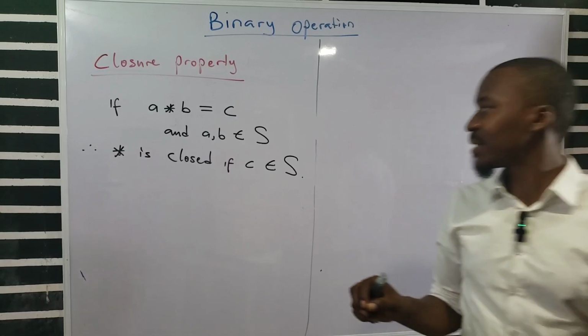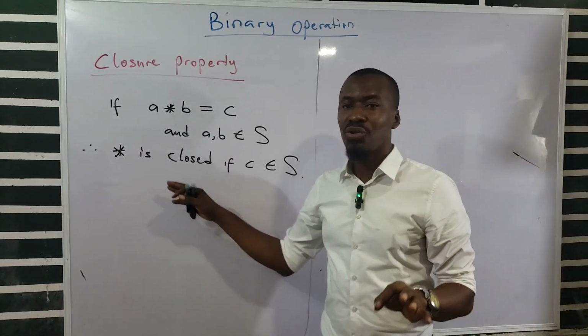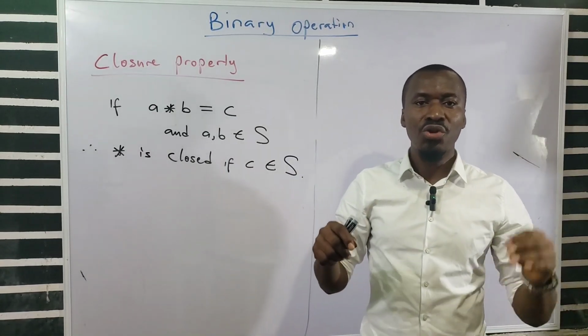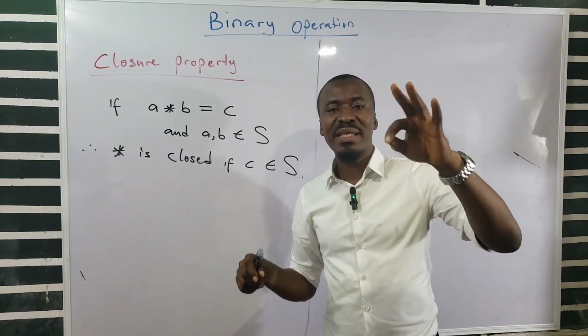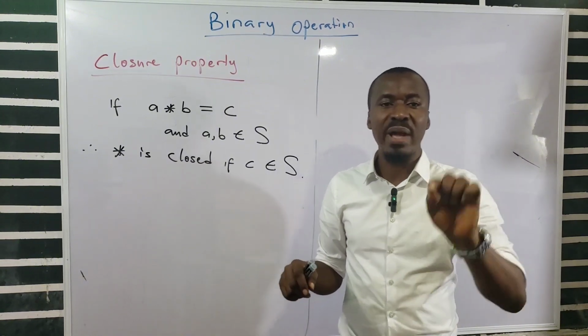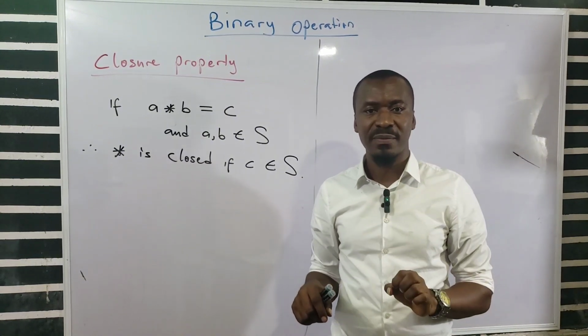So what does that mean? It simply means that whenever you carry out your binary operation, your answer must belong to the same set as the two elements that you have combined.